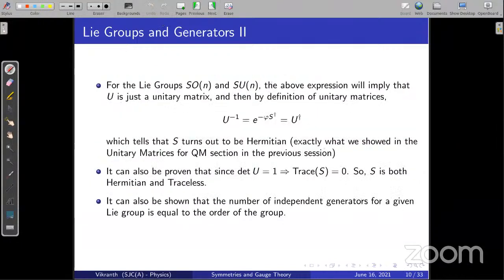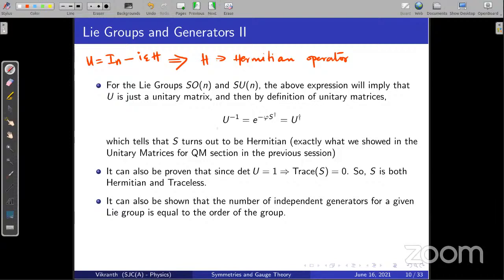If you remember from yesterday's conversation, when we were understanding how unitary operators work in quantum mechanics, we proved that if I had my unitary group representation as I_n minus i epsilon H, where I_n is the identity matrix, then H is a Hermitian operator.